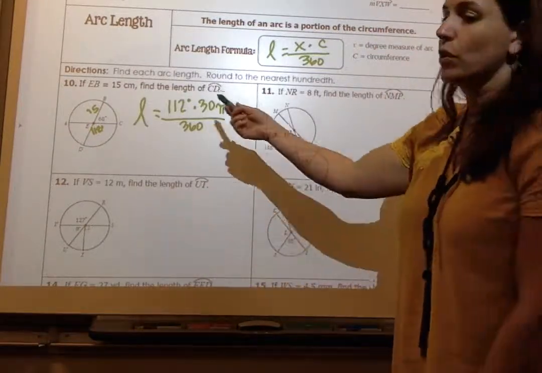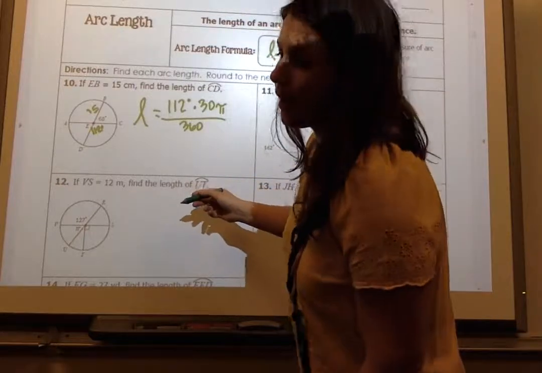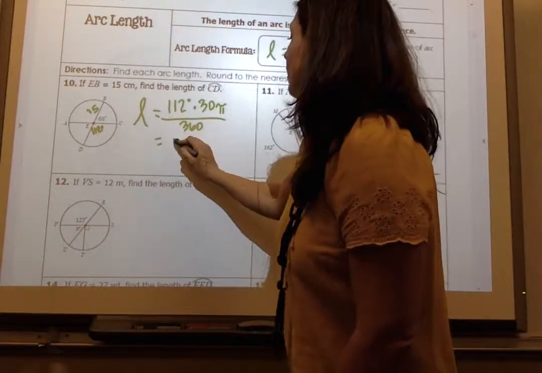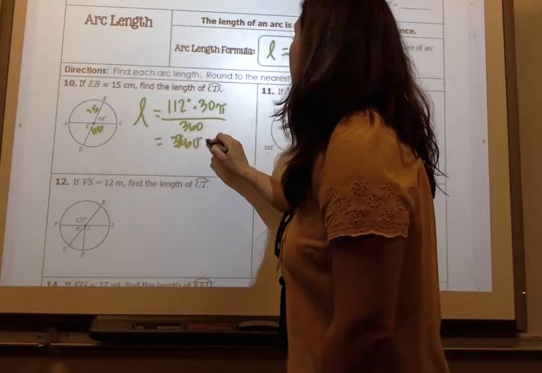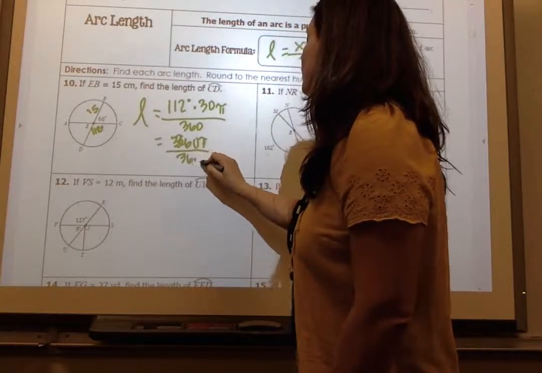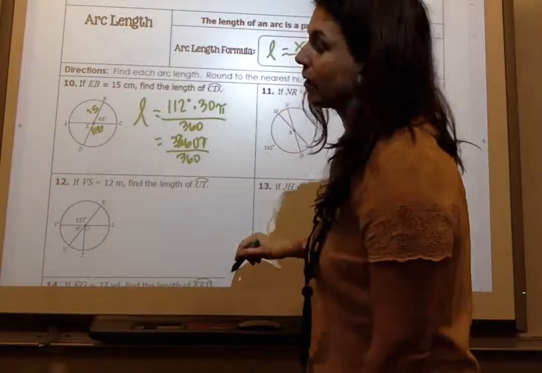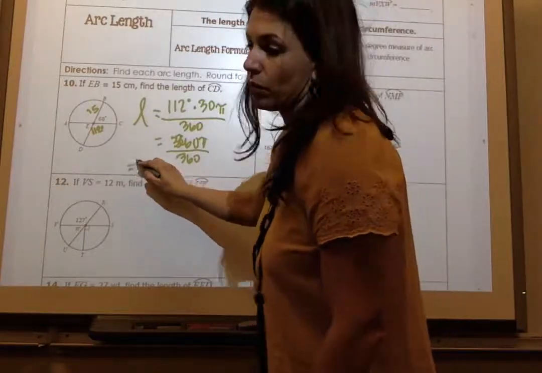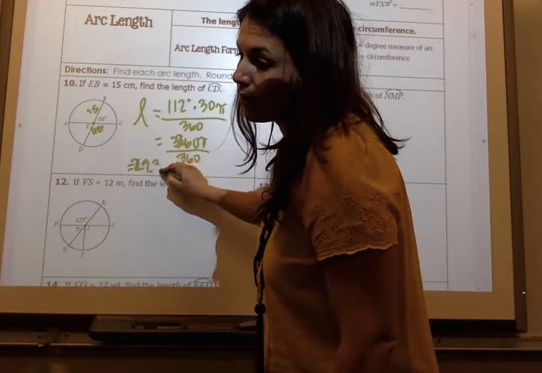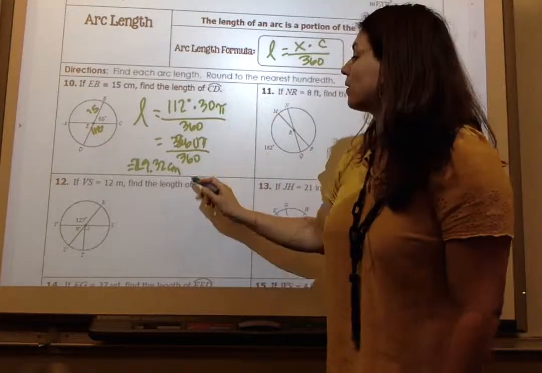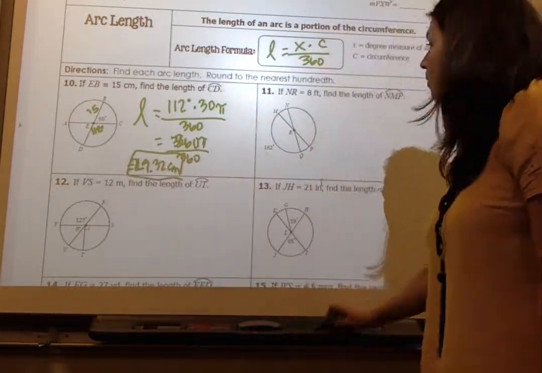That's just shortened. So when you solve that, this is going to be equal to 3,360 pi over 360, and so it's going to be equal to 29.32 centimeters. Okay, so that's going to be the length of that arc.